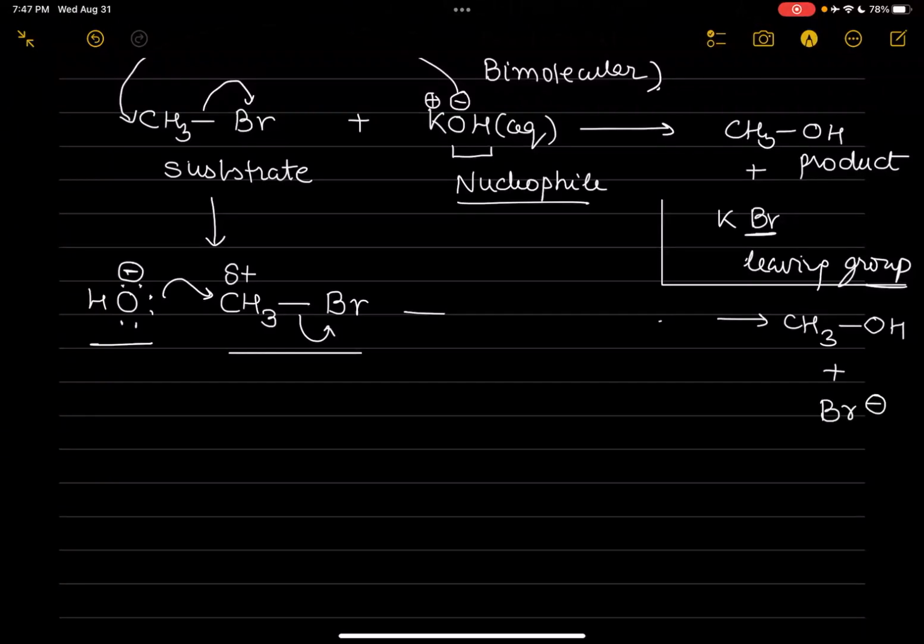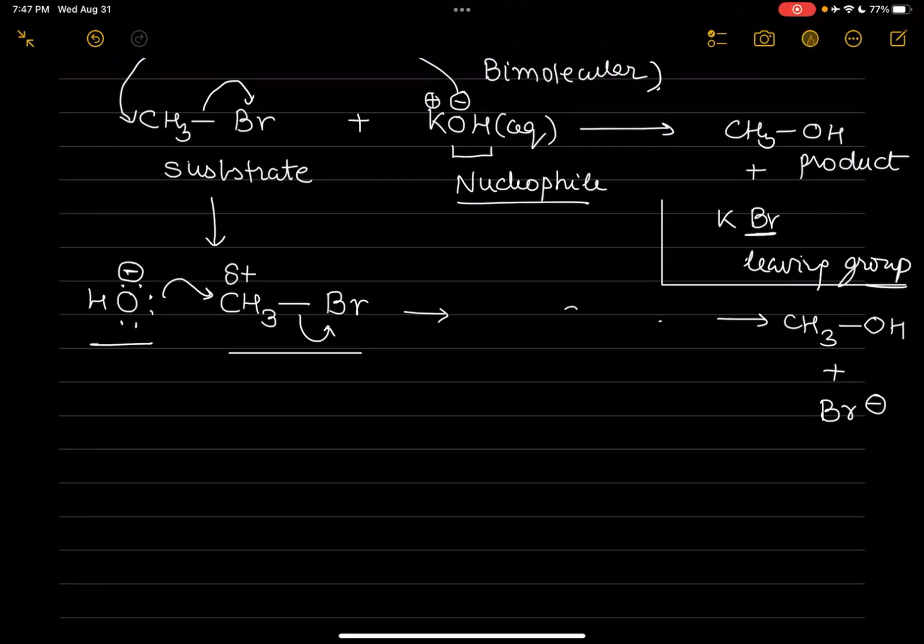But if someone asks you, okay, this is a one step reaction, it is happening in one step only. Suppose you are able to take a picture in the middle of this whole thing when it was going on, how will the structure look?